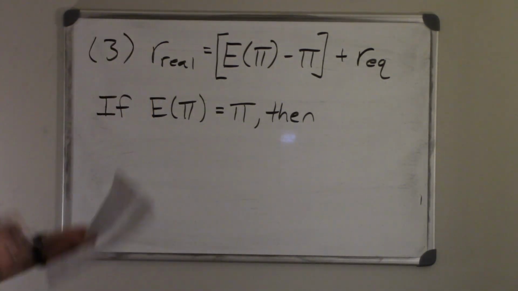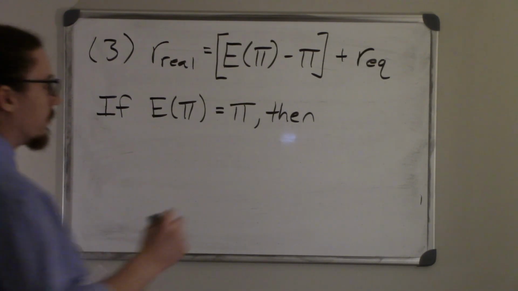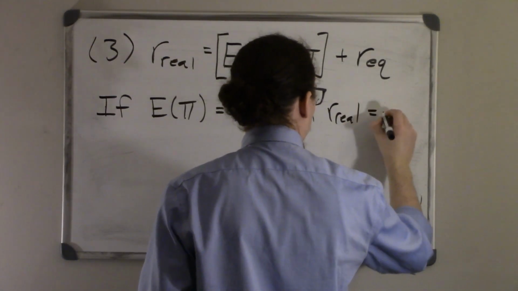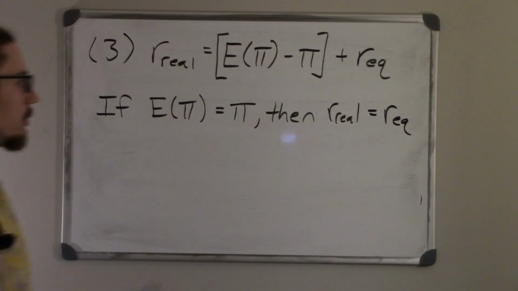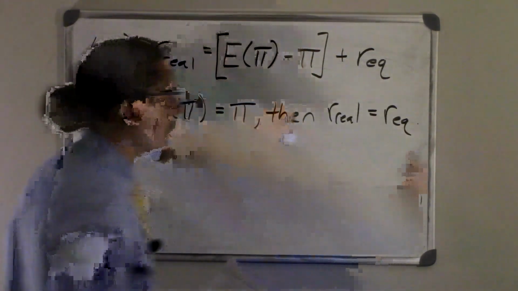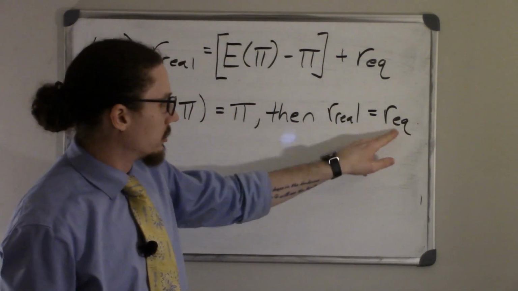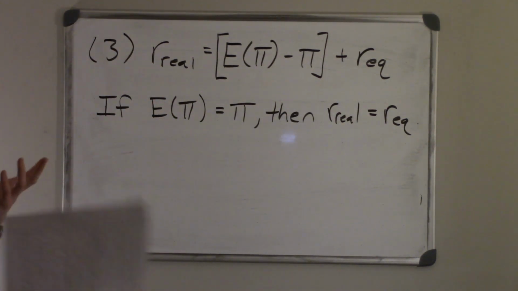All right, so if the expected value of the inflation rate is equal to the inflation rate, then the real interest rate is equal to the equilibrium interest rate. So the real interest rate equals the equilibrium interest rate.